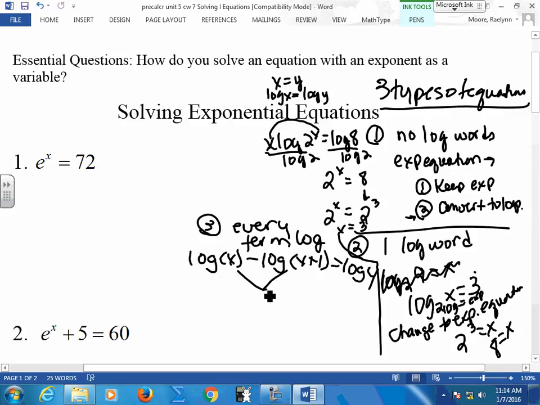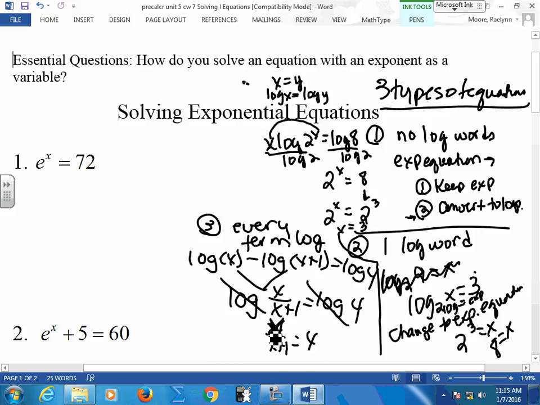And then I can go back to this rule up here and take away my logs. So what was I doing when we subtracted? You were dividing. So you're going to condense this and make it divide. Now, this is one term, one term. Now you can take your logs away. Then you can cross multiply and you can solve.